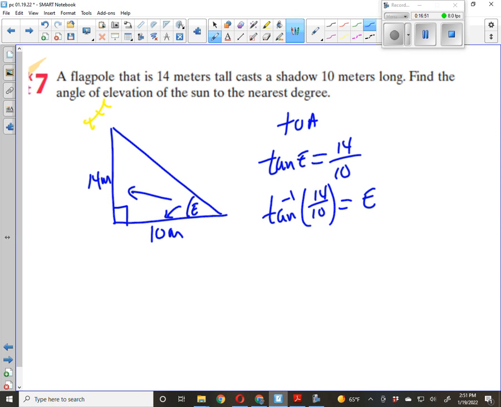And when you plug this in, it's going to be second function. There's a button on your calculator. It's a second function tangent, which will activate the inverse tangent. Okay? And right above the tangent is that inverse tangent button.